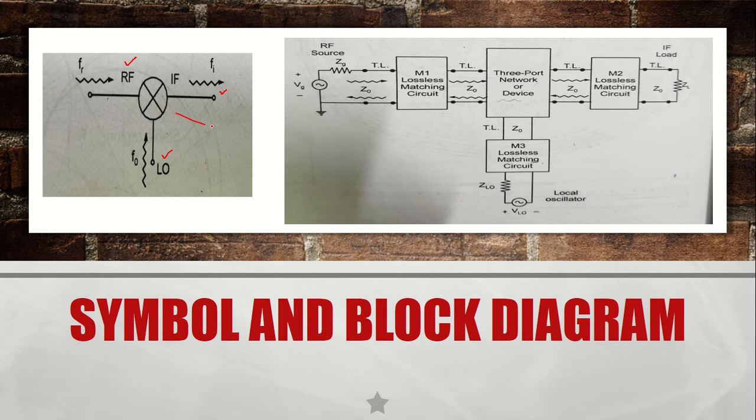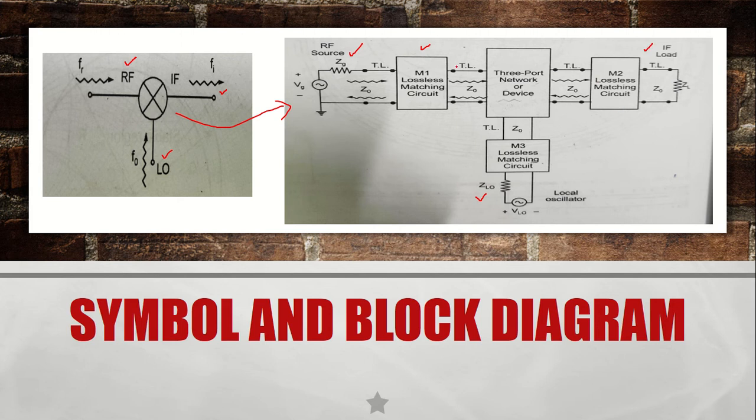So this diagram can be drawn in depth as this one. As we all know, for efficient power transfer, matching must be done. So this is the first source, and for the first source, the first matching network. The second input source, this is the matching network for that, and the output port, and this is the matching network for that.